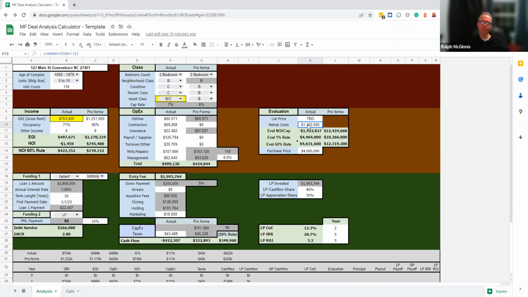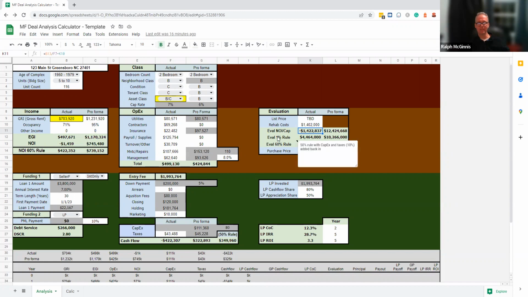If it's going to take 1.4 million to get it up to speed, then you need to subtract out that 1.4 million from the property's value. So with the NOI over cap, which is the way you would typically evaluate a property, NOI divided by the cap rate, this is a negative number. Negative numbers don't work.